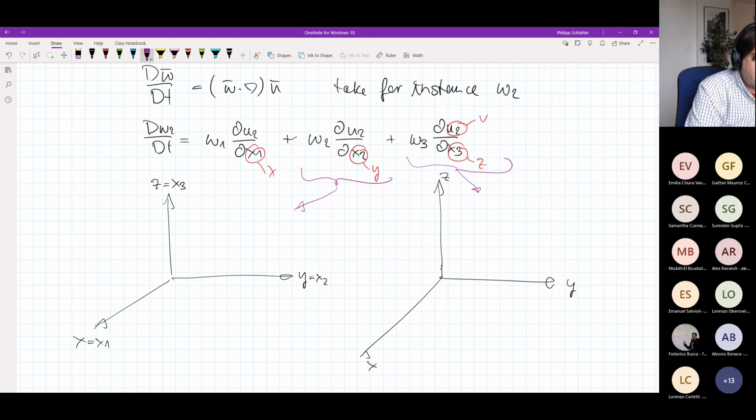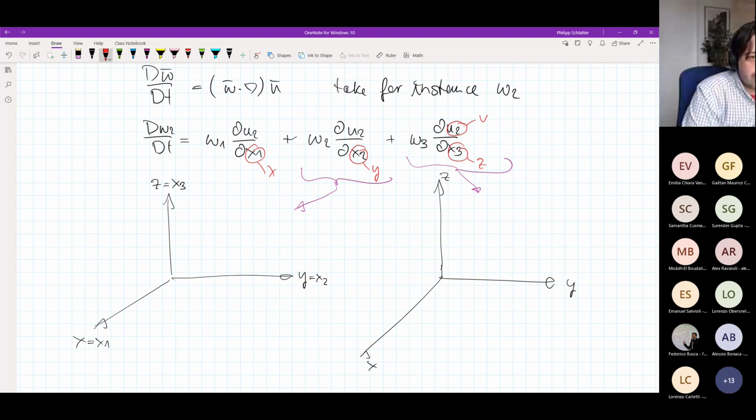Okay, so for the middle term, what do I really have? I have omega 2 times du2 dx2. That means I have some omega 2 which is multiplied by du2 dx2.